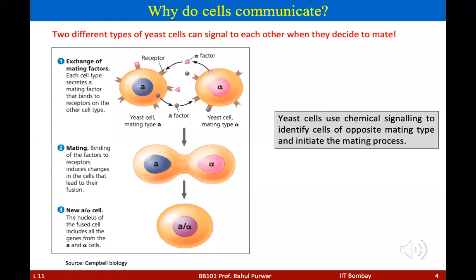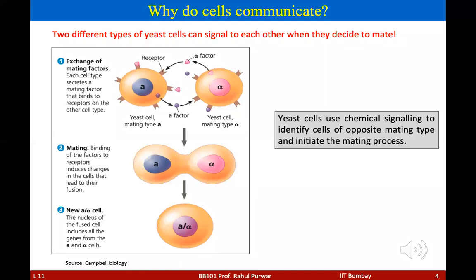type A. And this binding of the factors to the receptor induces changes in the cell that lead to their fusion. So this A and alpha cell will fuse once they secrete the factors and give the signal to the other cell. So now what you have got is the new A-alpha cell.